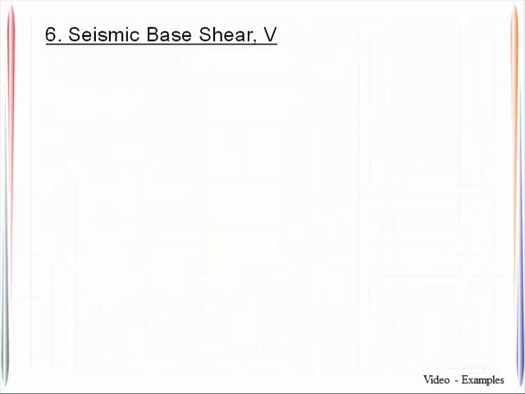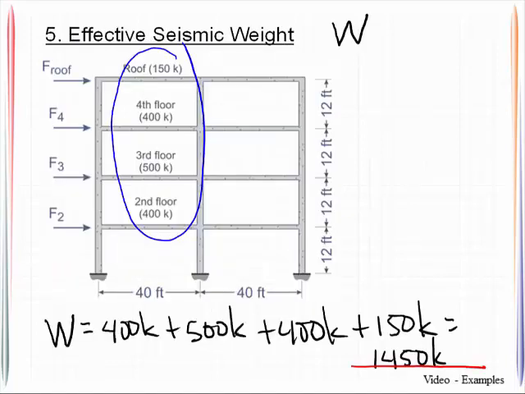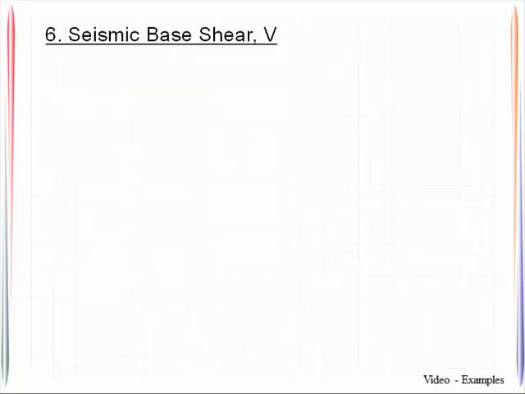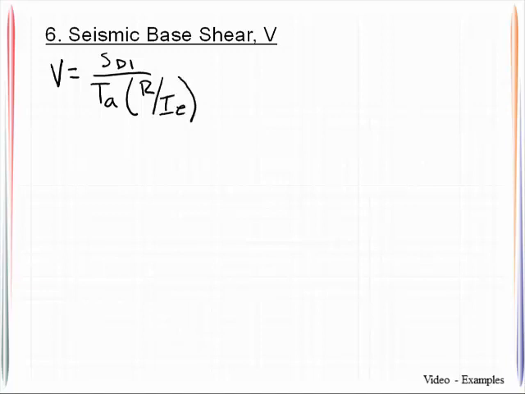The next step is going to be to compute the seismic base shear. And just to be clear on this, the base shear is the amount of force that develops at the base of the building. And we denote that with the capital letter V. ASCE 7 gives us a couple of equations we need to check. So the first one is base shear is computed as S_D1 divided by T_a, divided by R, and that quantity is divided by I sub E, and this entire quantity is multiplied by W. So let's go ahead and get that.